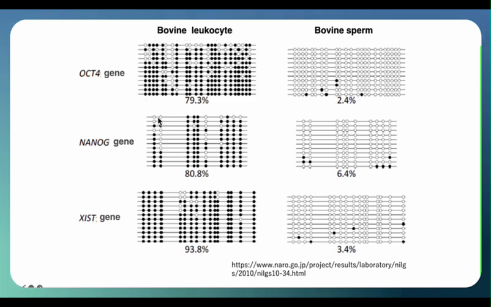In white blood cells, we can see that many of the CpG sites are methylated. On the other hand, in sperm, most CpG are unmethylated. This indicates that in cattle, extensive demethylation of methylated CpG occurs during the process of spermatogenesis.